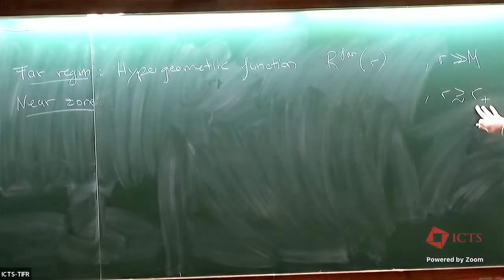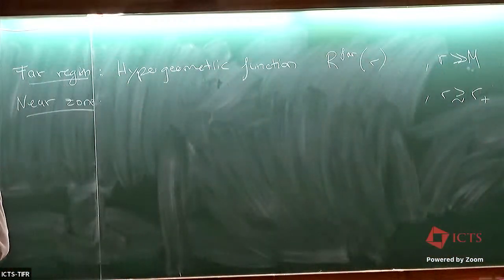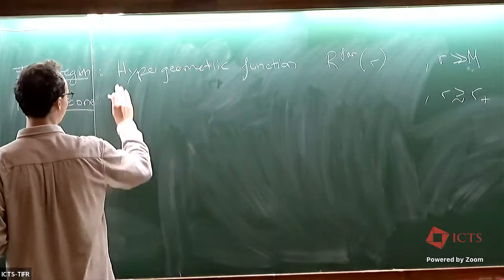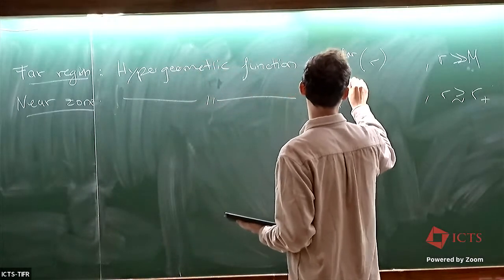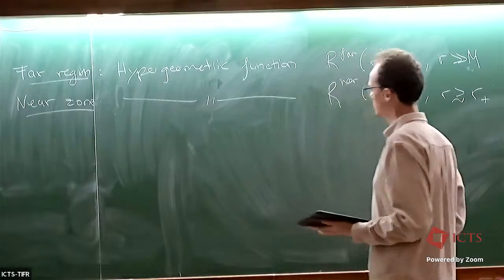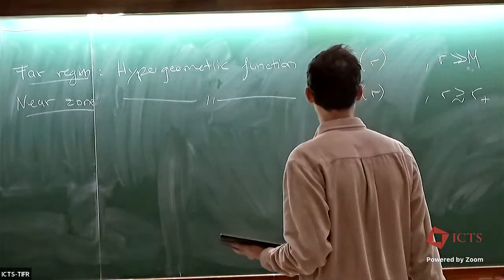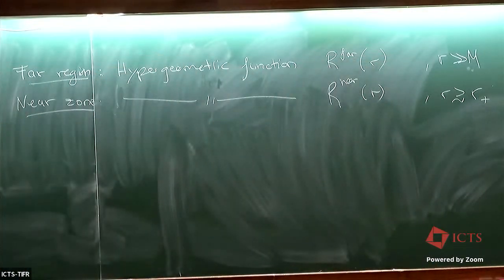So we're expanding the equation around r plus instead of around r to infinity. Doing so, you get a new equation, which you can then solve. Again, you'll get a different type of hypergeometric function, let's call it R near. And again, you'll get a set of two of those, and then you just discard the one that doesn't satisfy the correct boundary conditions at the horizon.